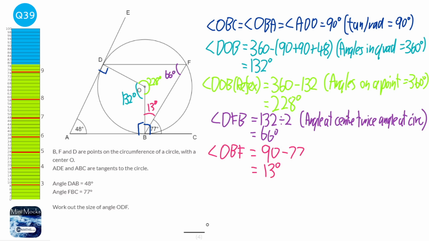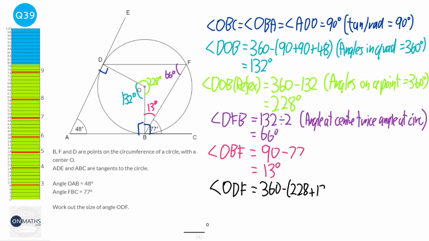And the final thing really here is that we've got a quadrilateral, kind of arrowhead, and we've got 3 of the angles, 1, 2, 3, and we're looking for the third one. So angle ODF is going to be 360, take away all the angles that we know, so the 228, the 13, and the 66.